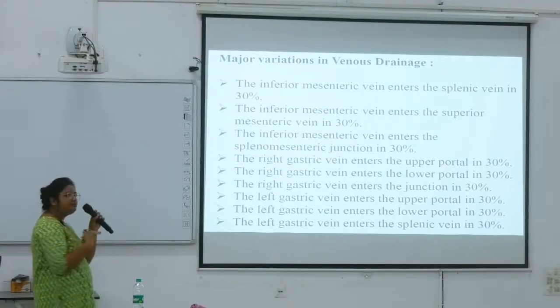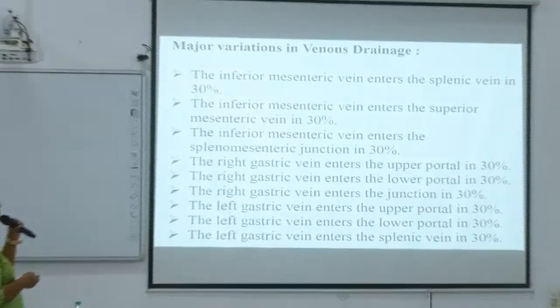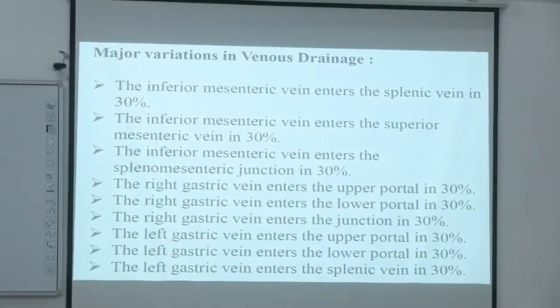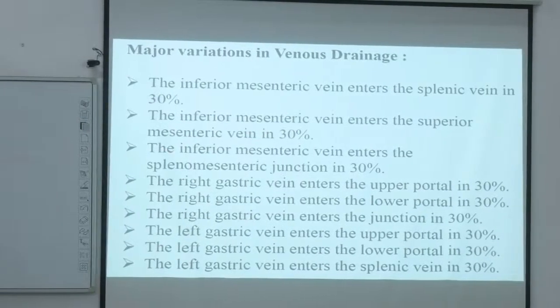Next, venous drainage. Major variations are present in venous drainage. The inferior mesenteric vein enters the splenic vein in 30% of cases, enters the superior mesenteric vein in 30%, and enters the splenomesenteric junction in 30%.